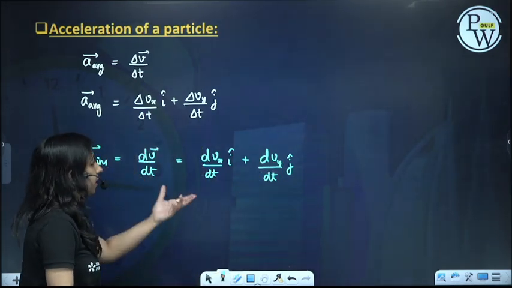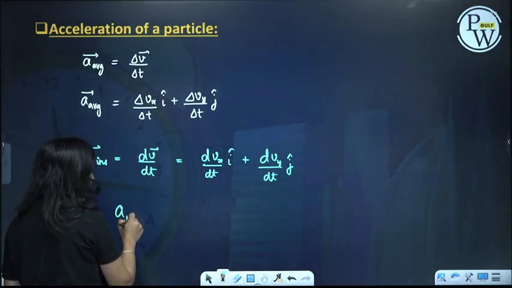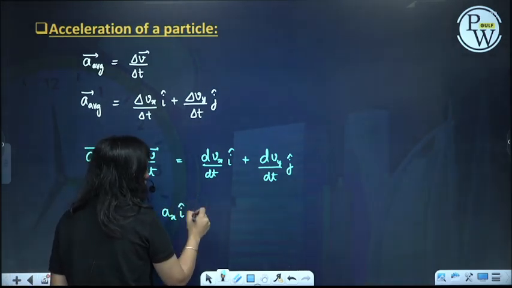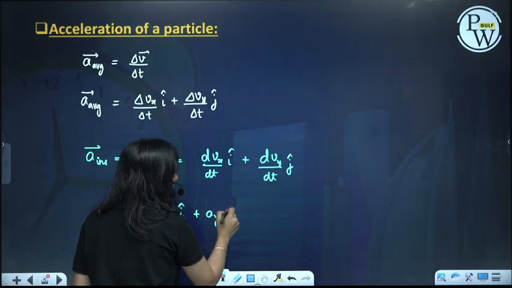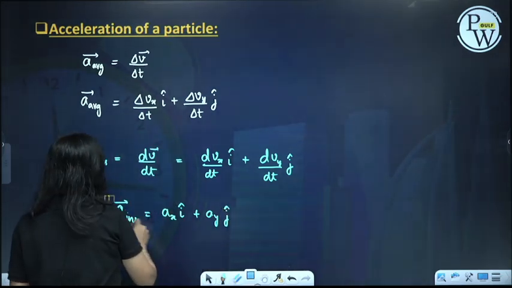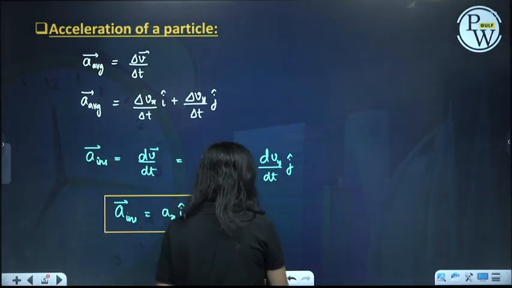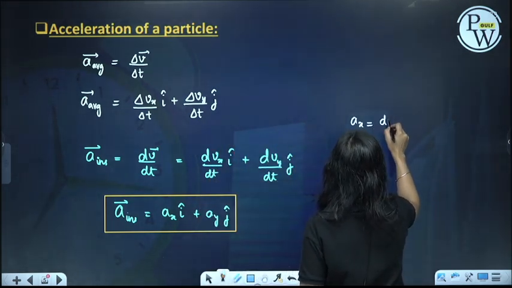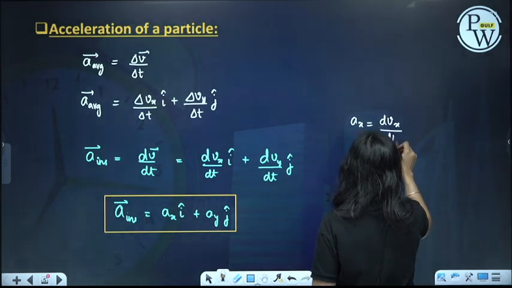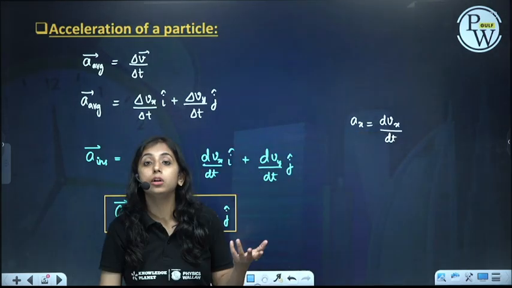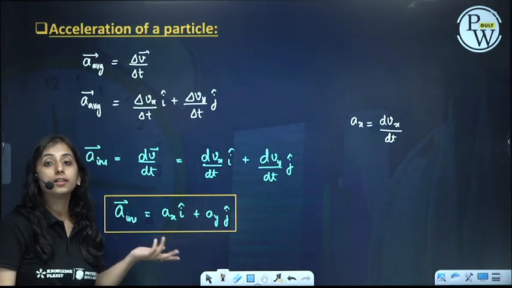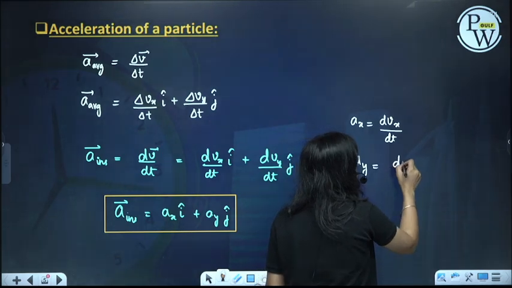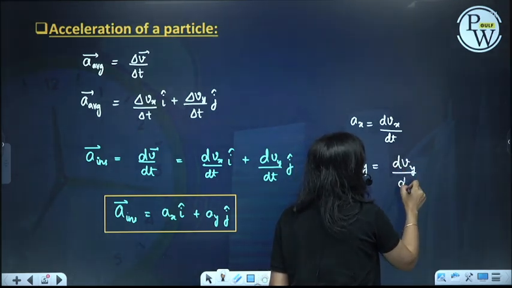So a instantaneous will be equal to ax i cap plus ay j cap, where ax is equal to dvx by dt. Acceleration in x is the rate of change of velocity in x, and similarly acceleration in y is the rate of change of velocity in y.